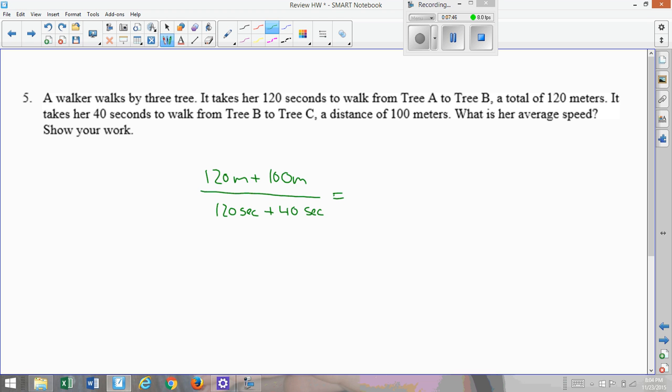You get 220 meters in 160 seconds. And if you divided that out correctly, it would equal 1 3/8 meters per 1 second.